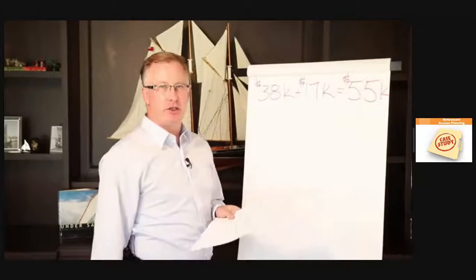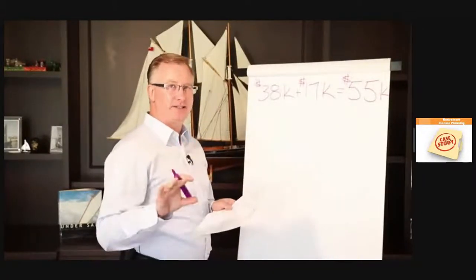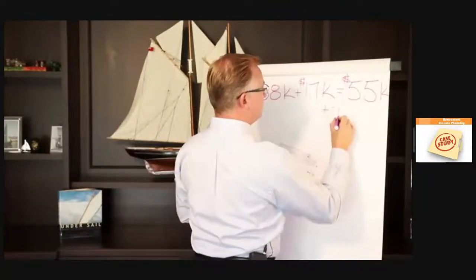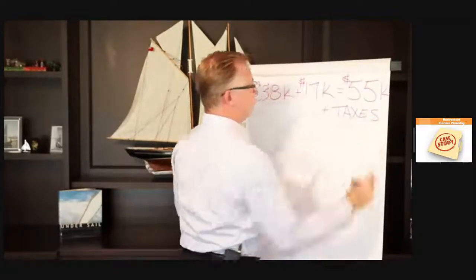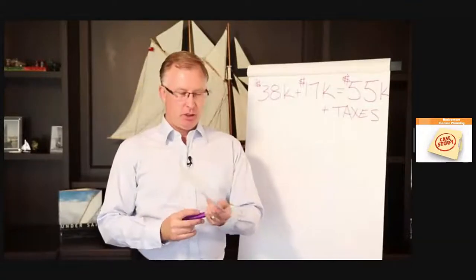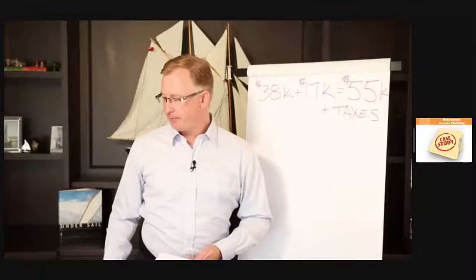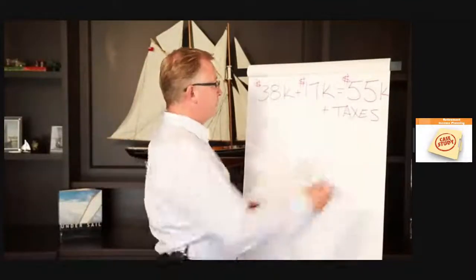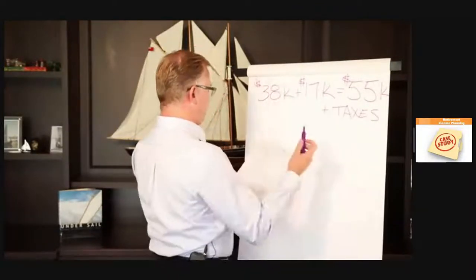But what else does she need to do? She needs to cover off her taxes. So she needs $55,000 plus taxes. Following? So the next question is, how much is she short each year? So she needs 55, and she has 36 from the pension.